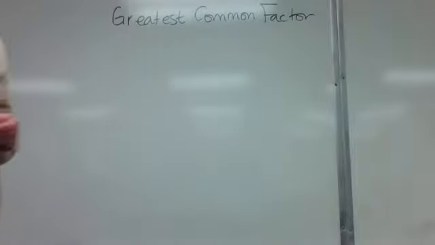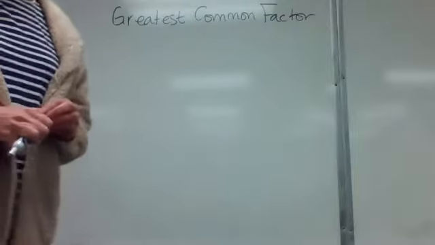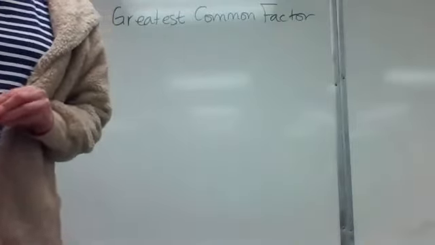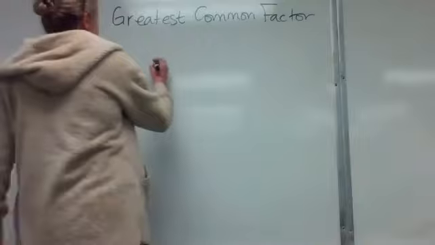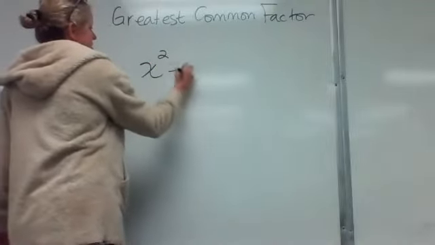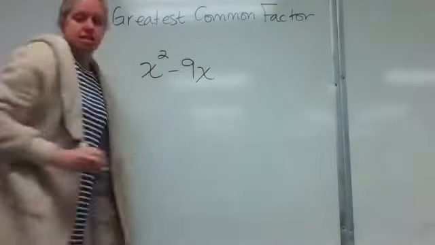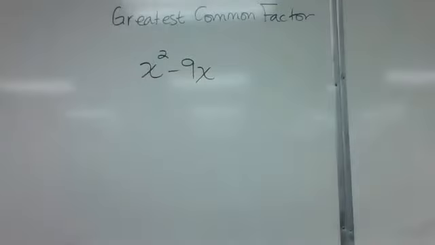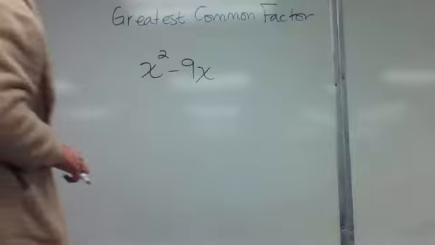Okay, so looking at number 1 on your homework sheet, you have x squared minus 9x. And it's going to say, write in factored form by factoring out the greatest common factor.